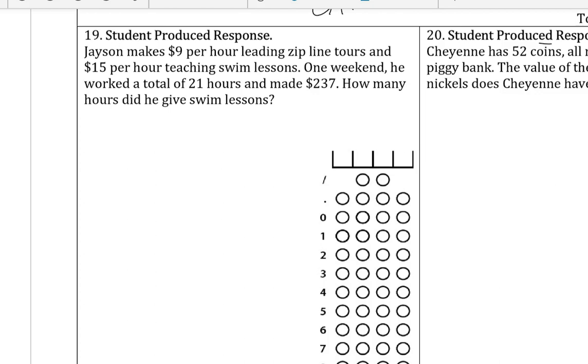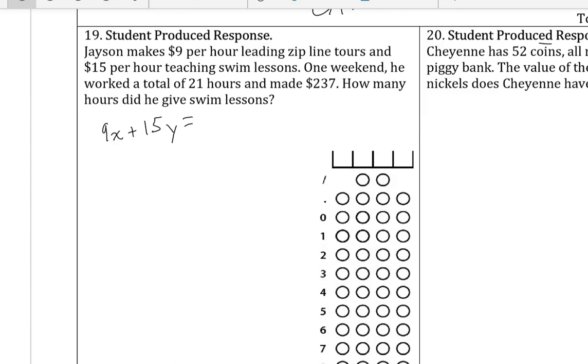All right, so let's think about what we have here. So if we think about ziplining, that gives me 9x and then 15 for swim lessons, so 15y. All right, so that tells me how much I make. And then, let's see, in 1 weekend he worked a total of 21 hours and made 237.